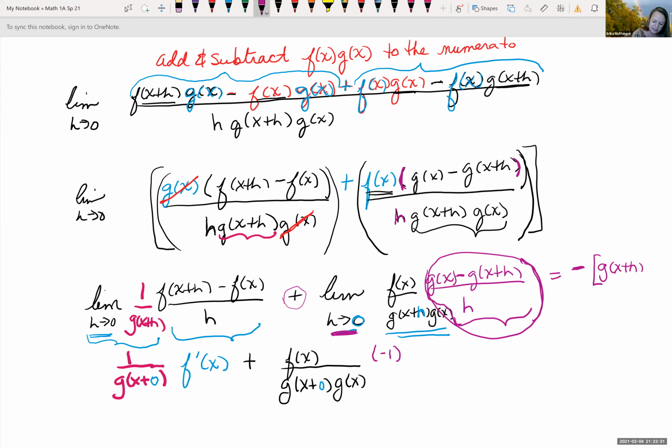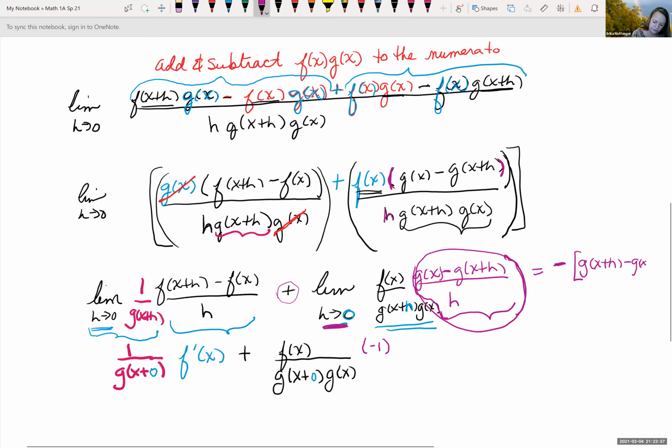To make this positive g of x, I'd have to have a minus g of x all over this h. So now when I take the limit, this would equal negative g prime of x because of this minus sign.